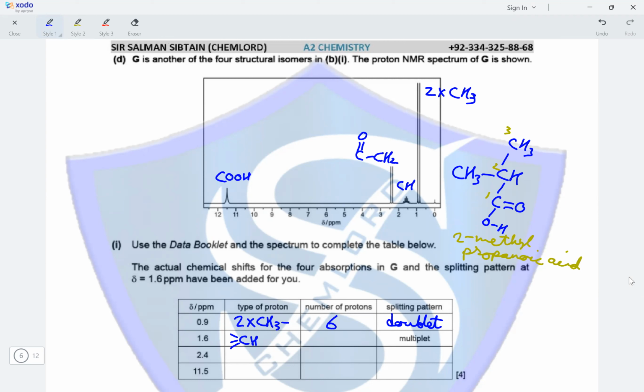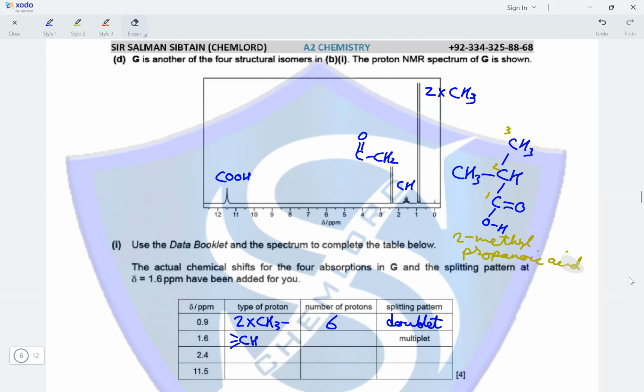If we have a CH3, if we have two C, then how can we have a CH2 next to CH? So we have not accounted for the peak at 2.224. That should belong to a CH2 next to the C double bond O. So the CH2 group is missing from in between here.